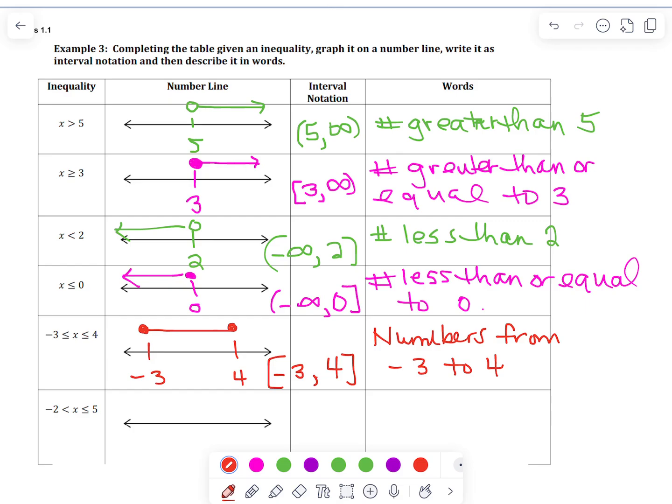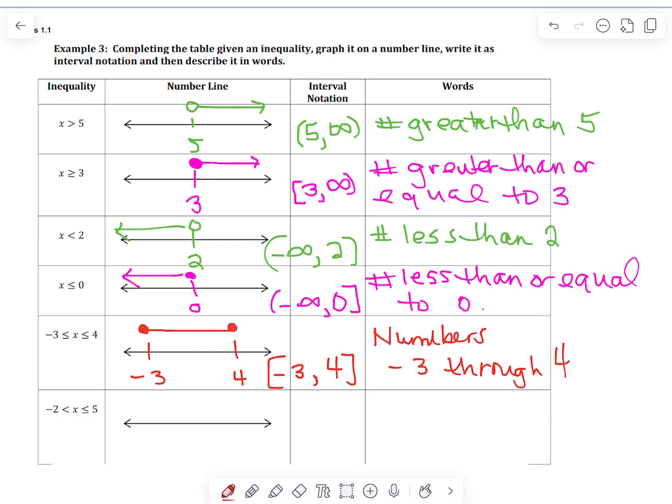All right, our last one here. I probably should say here numbers through. I'll fix that here a little bit. Numbers -3 through 4. Okay.